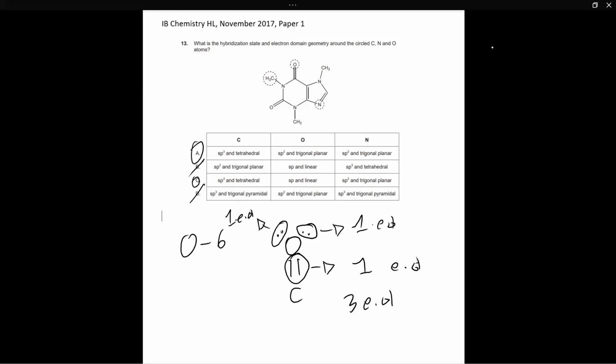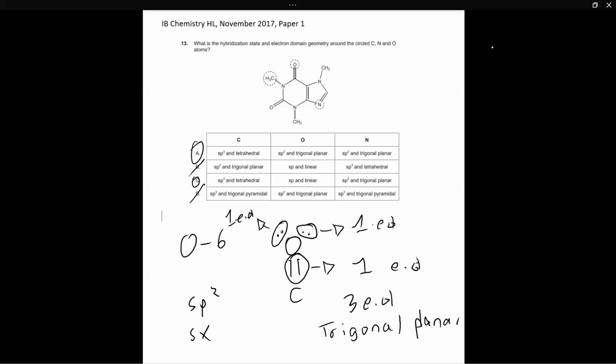Now, if you've studied this chapter well, you would know that the electron domain geometry for 3 electron domains is trigonal planar. Sorry for my handwriting. And just like in the previous case where we had 4 electron domains and the hybridization state was sp3, in this case, it's going to be sp2.